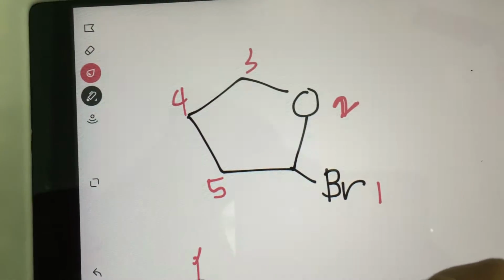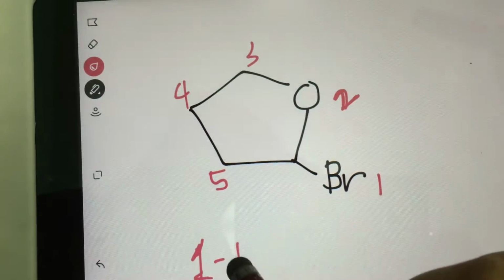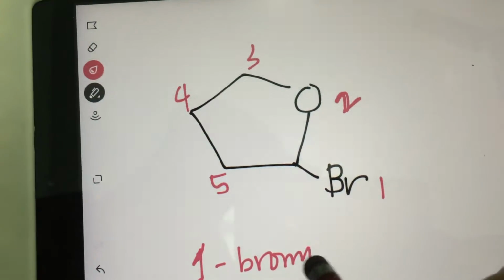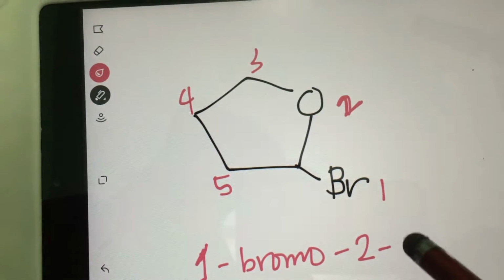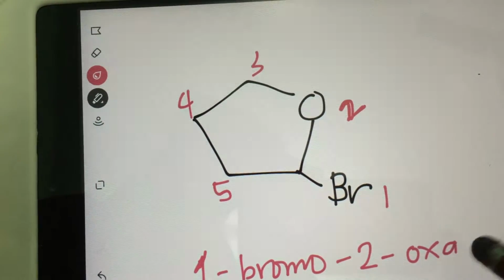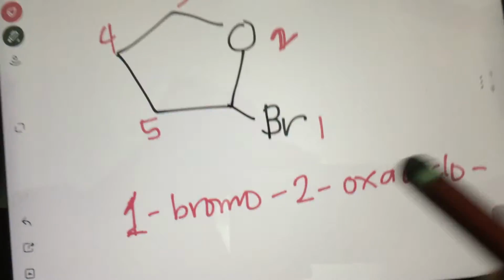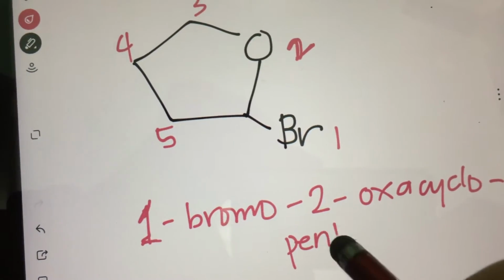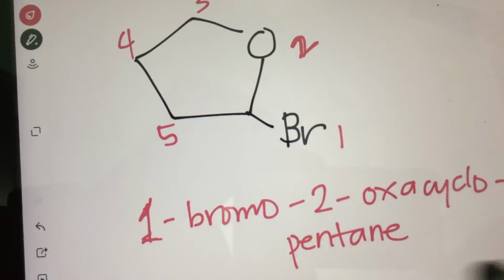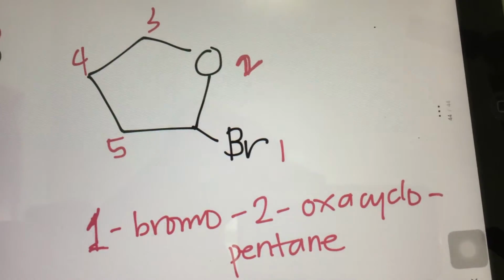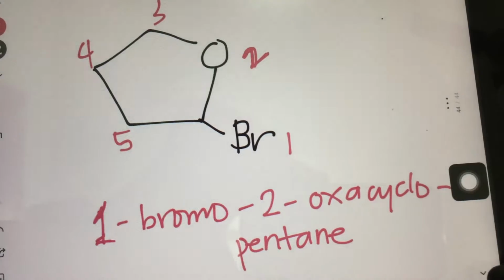So this will be named as 1-bromo, and then where is the oxygen? 2-oxacyclopentane. Okay, so 1-bromo-2-oxacyclopentane.